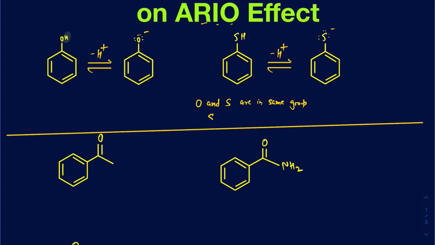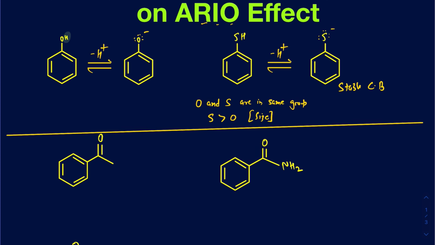Since sulfur is bigger in size than oxygen, sulfur is going to be able to handle that negative charge better. So I'm going to say that this is going to be the more stable conjugate base.